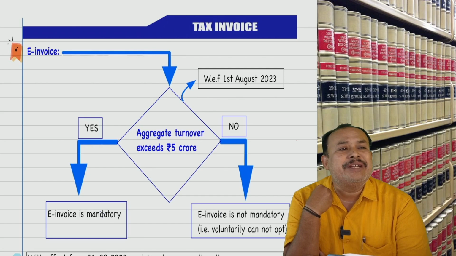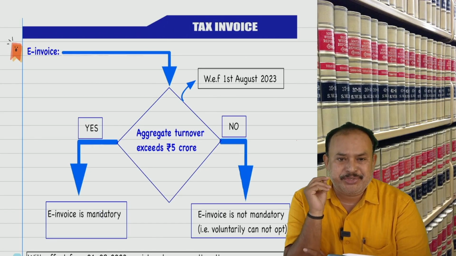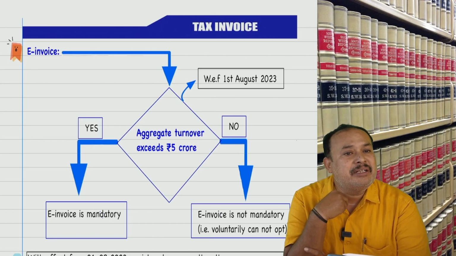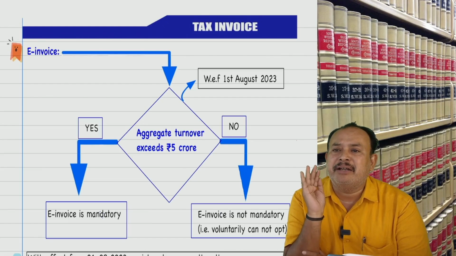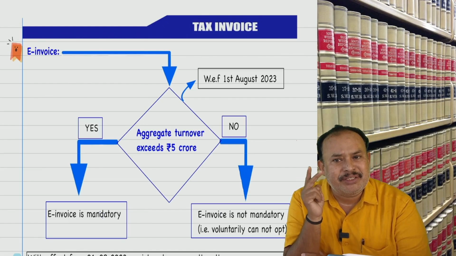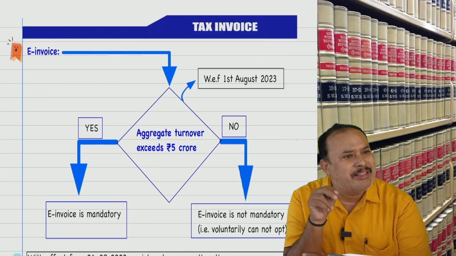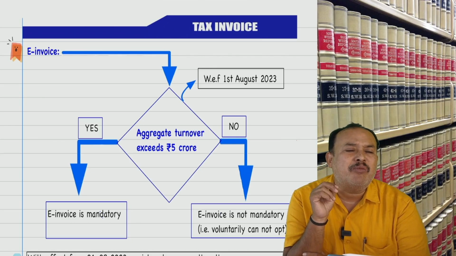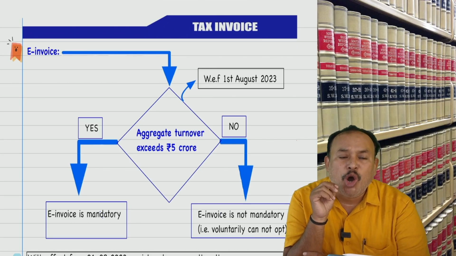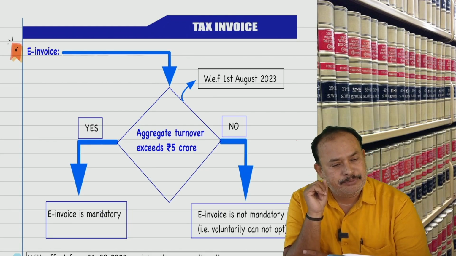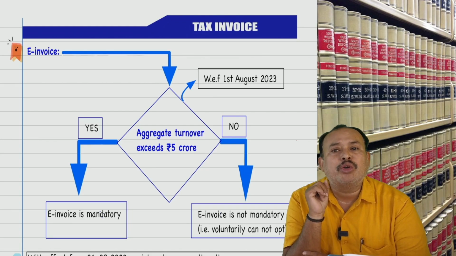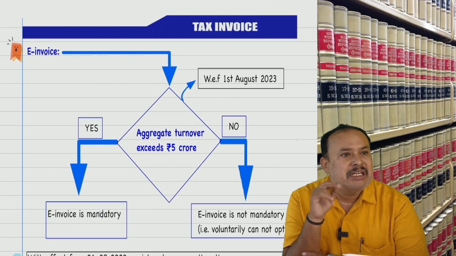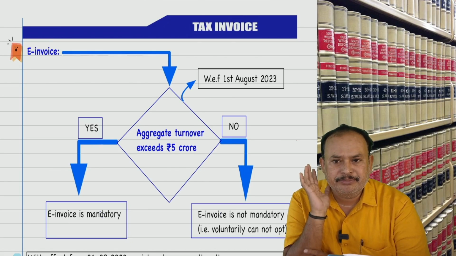Sir, I have a unit in Andhra Pradesh. My name is Ram Limited. Ram Limited has two units, one in Andhra Pradesh, one in Tamil Nadu. Andhra Pradesh turnover 3 crores, Tamil Nadu turnover 4 crores, separately registered.